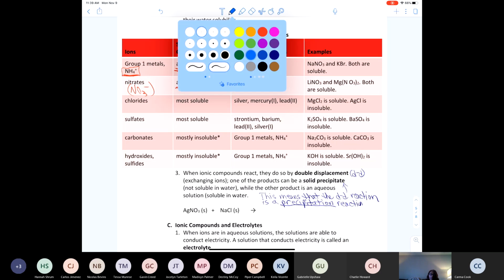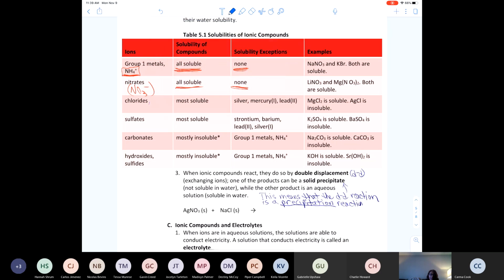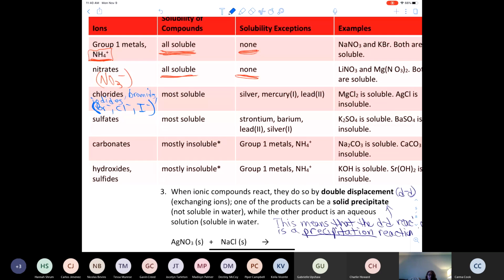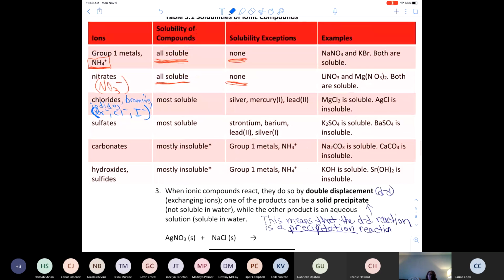And the next category are chlorides, and we can also add bromides and iodides to this list. Those are your bromide, chloride, and iodide ions. Most of them are soluble. There are 3 main exceptions.